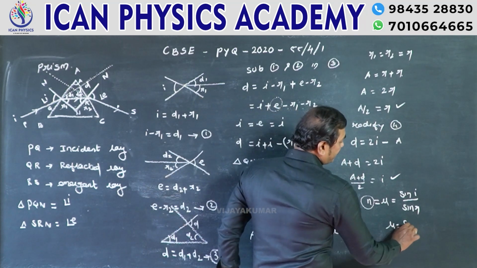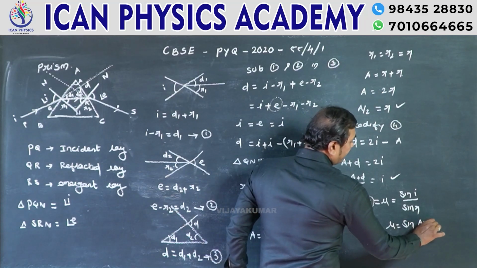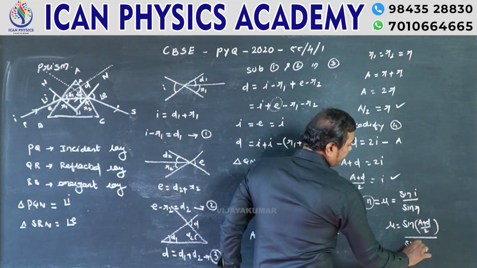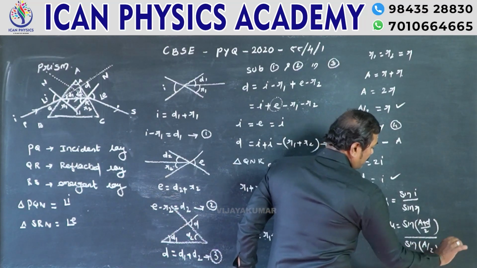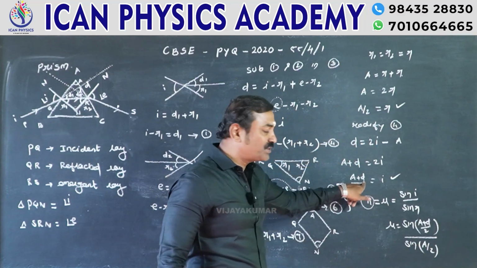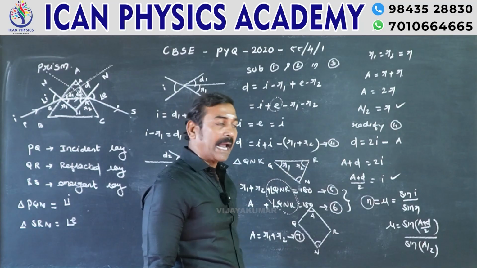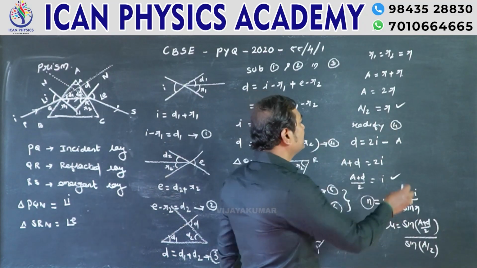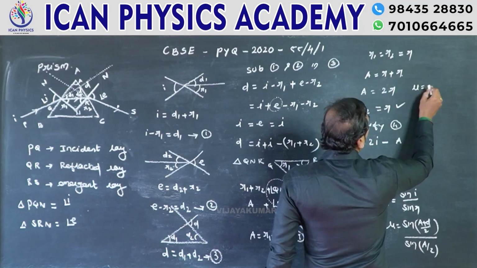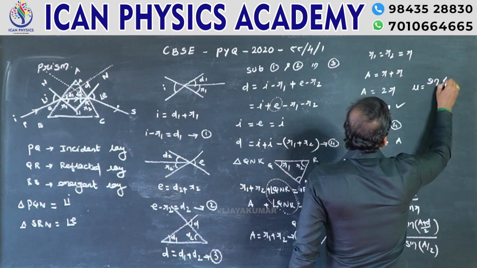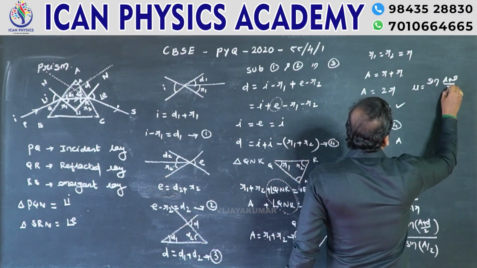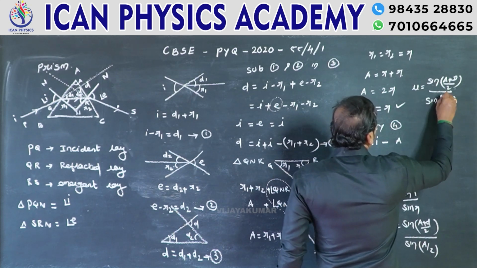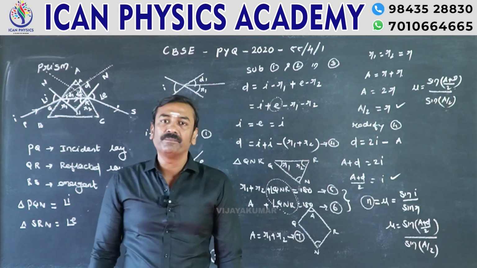That is mu equals sin of A plus D by 2 by sin A by 2. Instead of small d, we can go for a capital D. Then mu equals sin of A plus D by 2 divided by sin A by 2. So this is the second form.